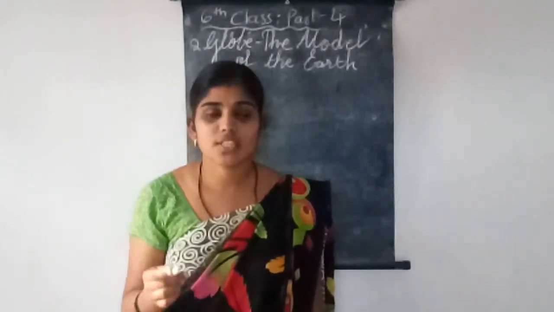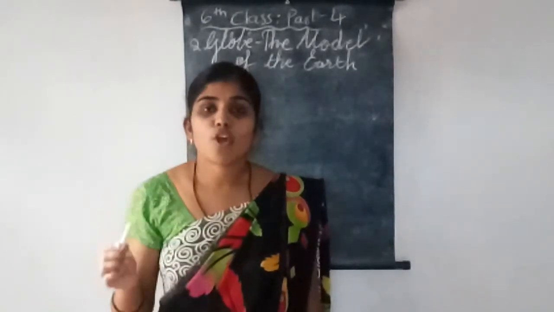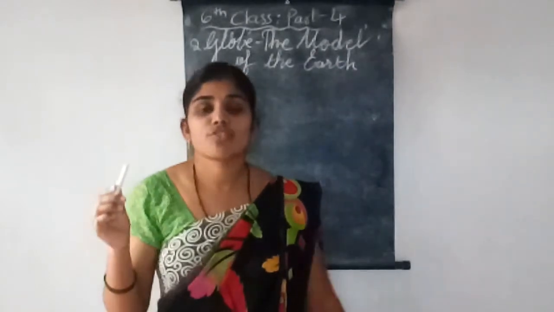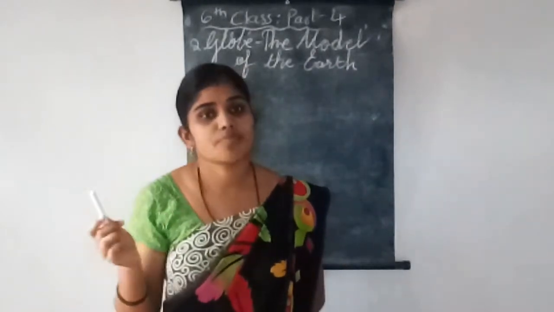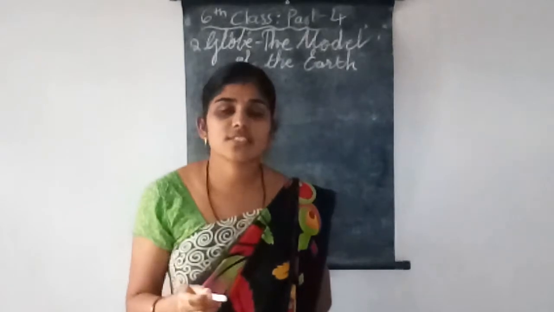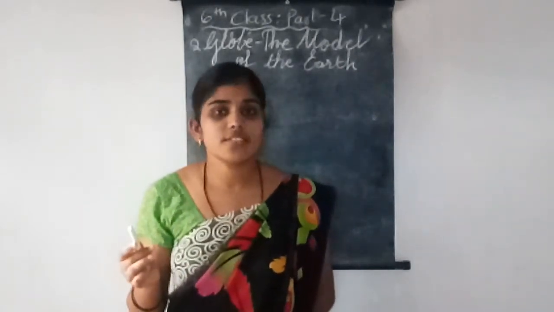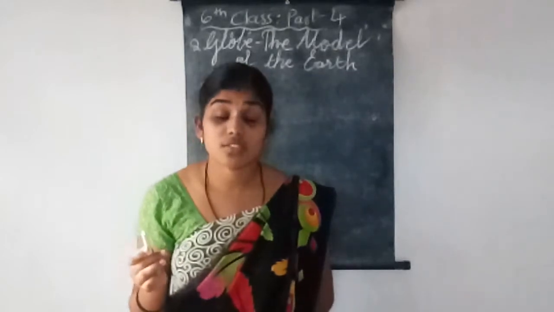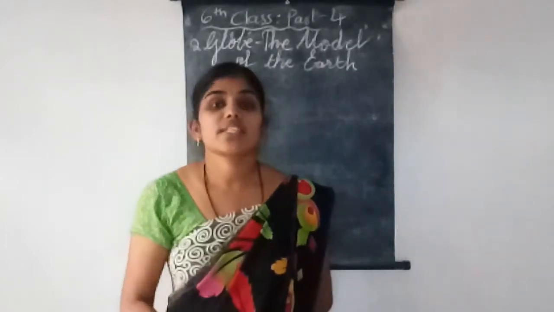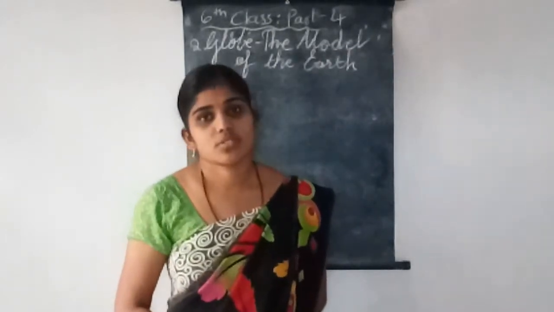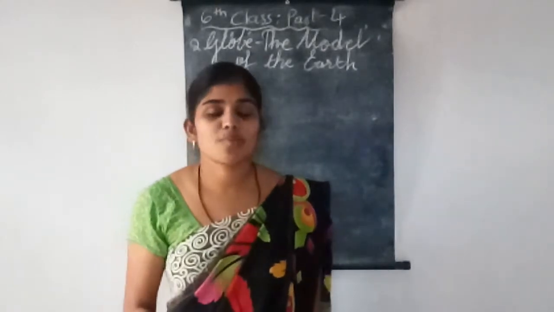Coming to the southern part, Tropic of Capricorn 23 and a half degrees S, Antarctic Circle 66 and a half degrees S, and 90 degrees S South Pole. So these are the important latitudes and important information about the latitudes.